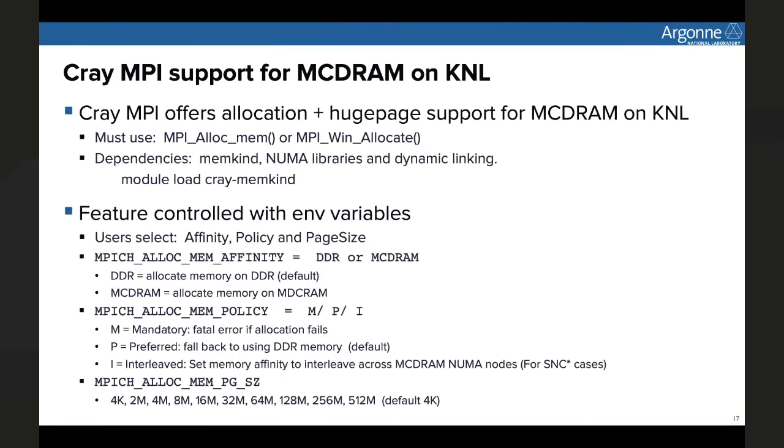If you put it as mandatory and sufficient memory is not available from the MCDRAM, then it leads to an error. Whereas with preferred, similar to how numactl -p 1 works, it falls back to the DDR memory if there is no sufficient memory on the MCDRAM.